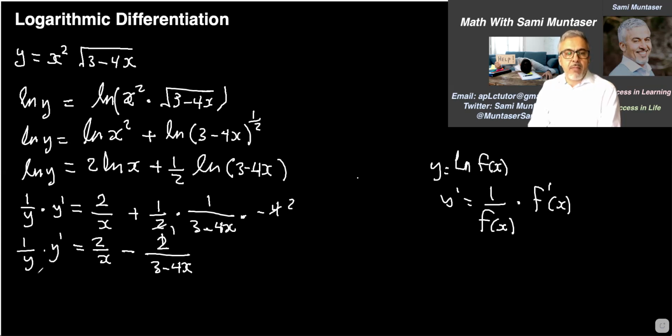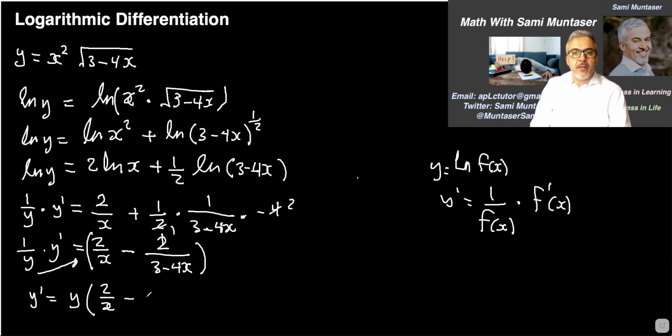To solve for y prime, I'm going to cross multiply the y into the whole equation right here. So that will give me y prime equals y times 2 over x minus 2 over 3 minus 4x.